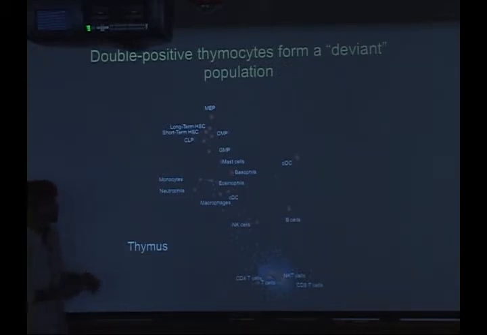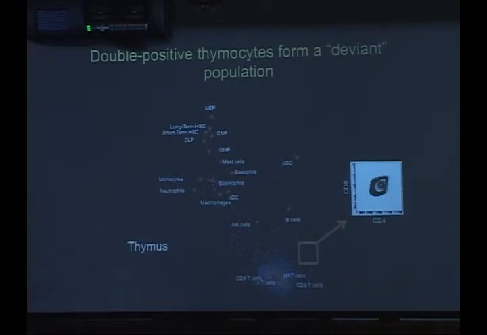It just means that these cells have something in common with CD8 or CD4 T cells, but they are not quite right. The difference is that in the thymus, you also get a double positive population. So these nodes that are flying off here are actually CD8 and CD4 developing T cells that are only found in the thymus.